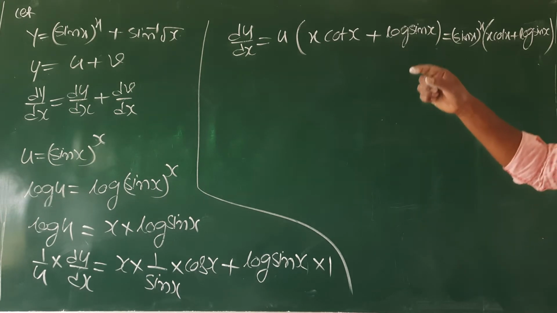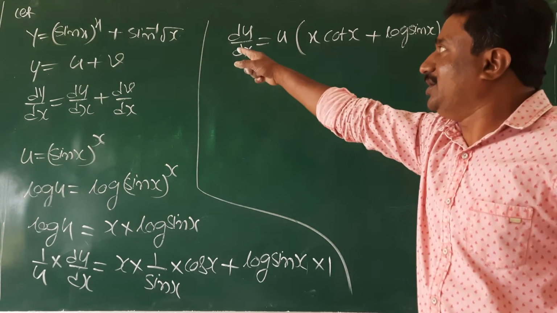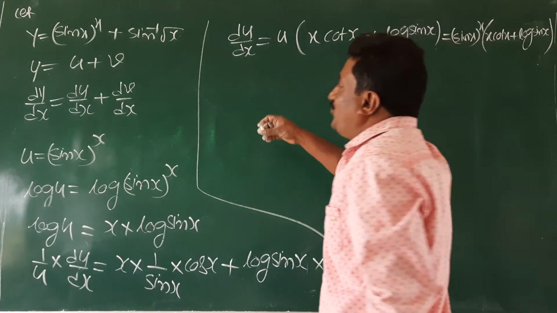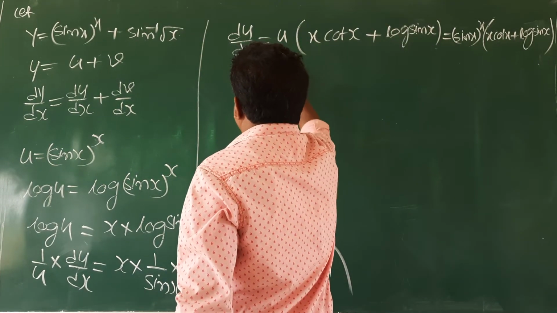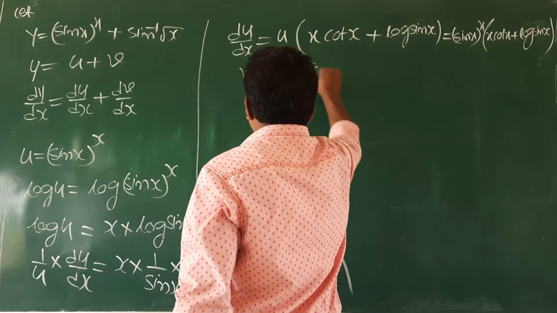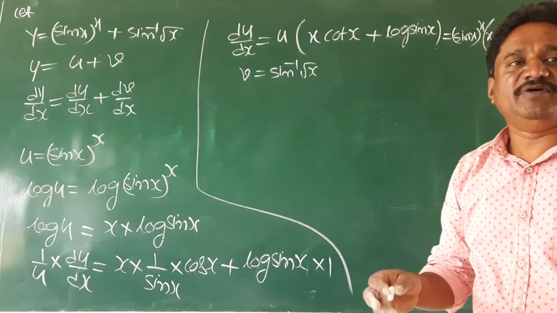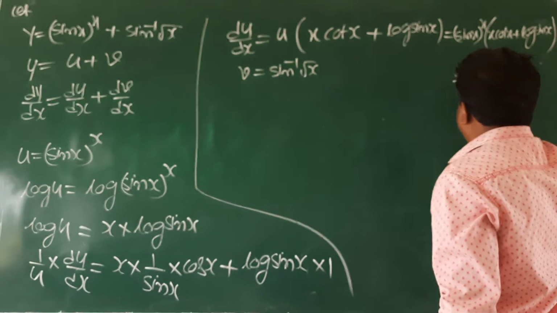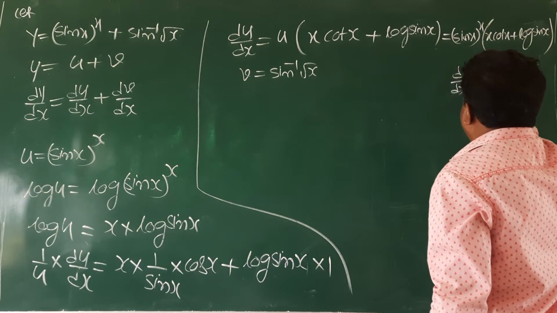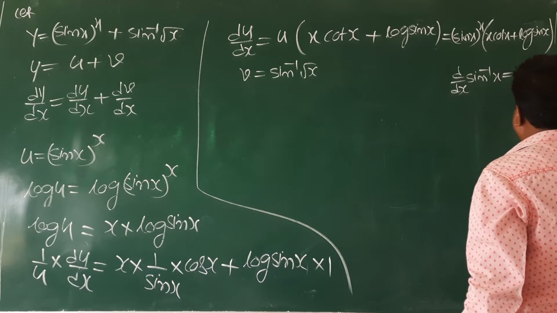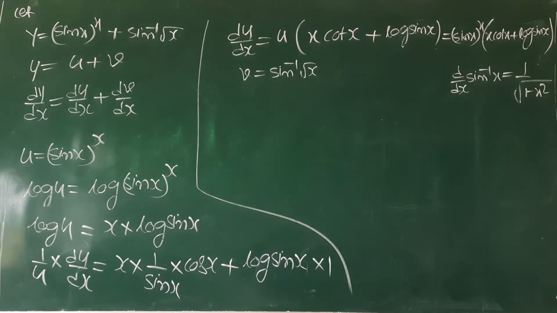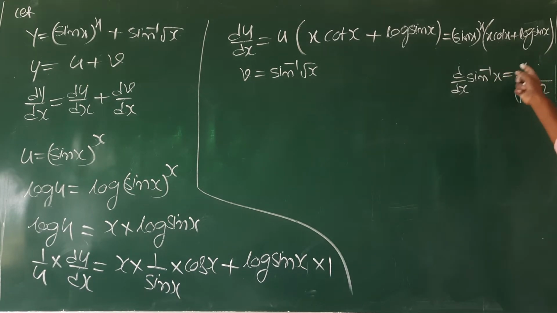Now you go for finding dv by dx. For that you take that v out. v is sin inverse root x. You all know this very well, students: how much is the differentiation of sin inverse x? 1 by root of 1 minus x square.